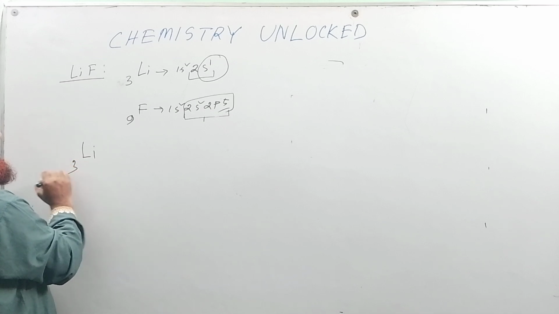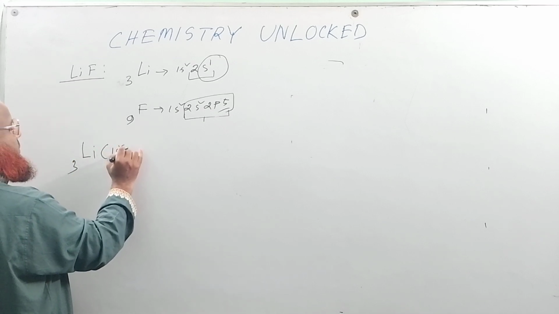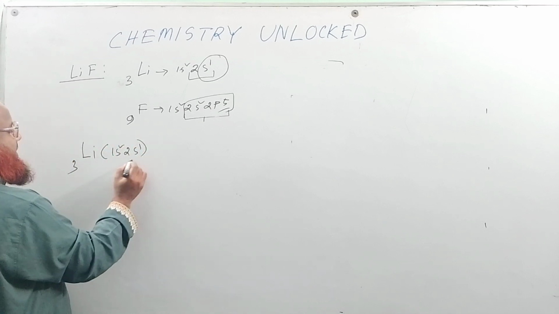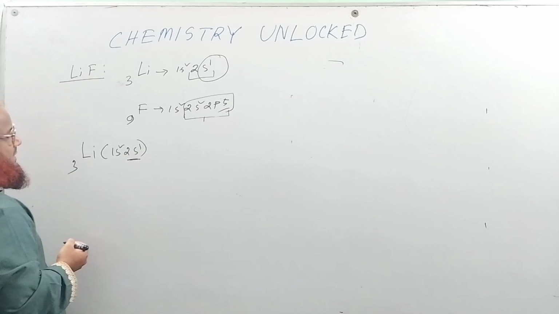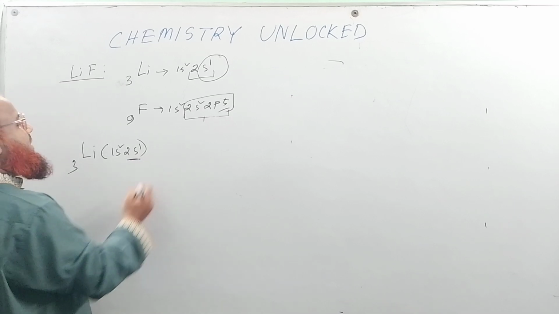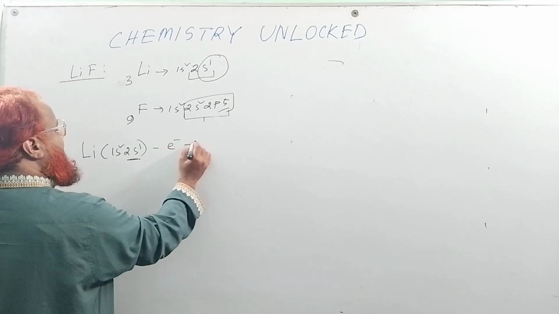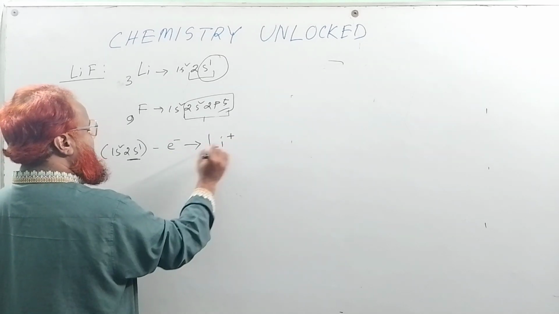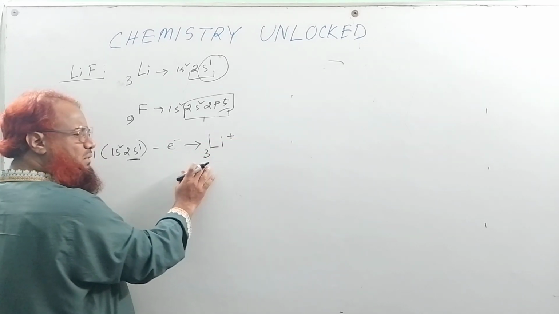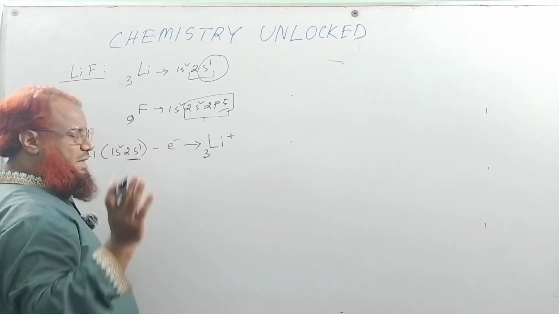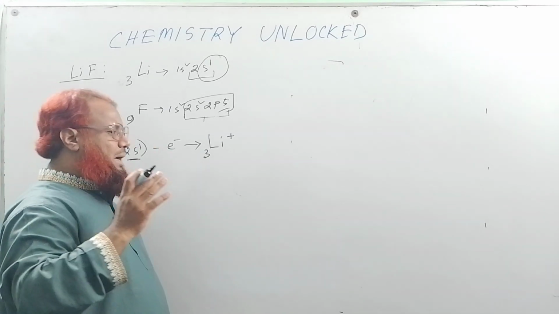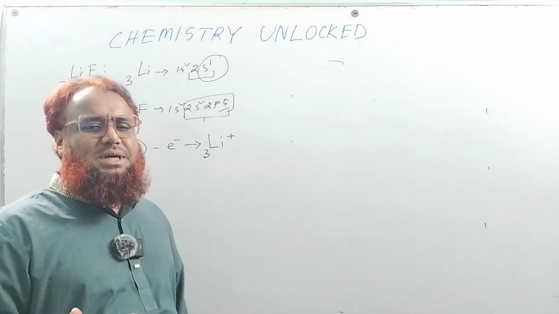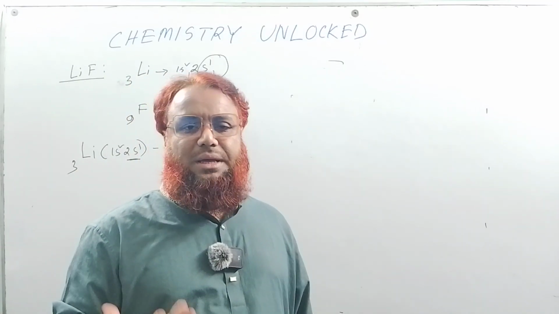Lithium: 1s2, 2s1. So, lithium will donate this single electron present in the valency shell. 1 electron will be donated. So, lithium becomes Li plus. The atomic number will remain the same. Remember that proton number or positive charge is not donated during a chemical reaction.